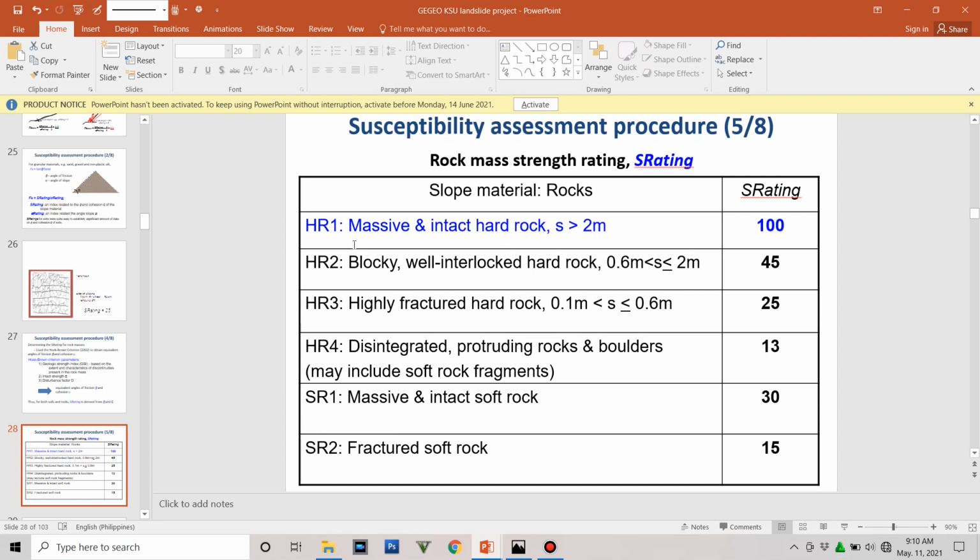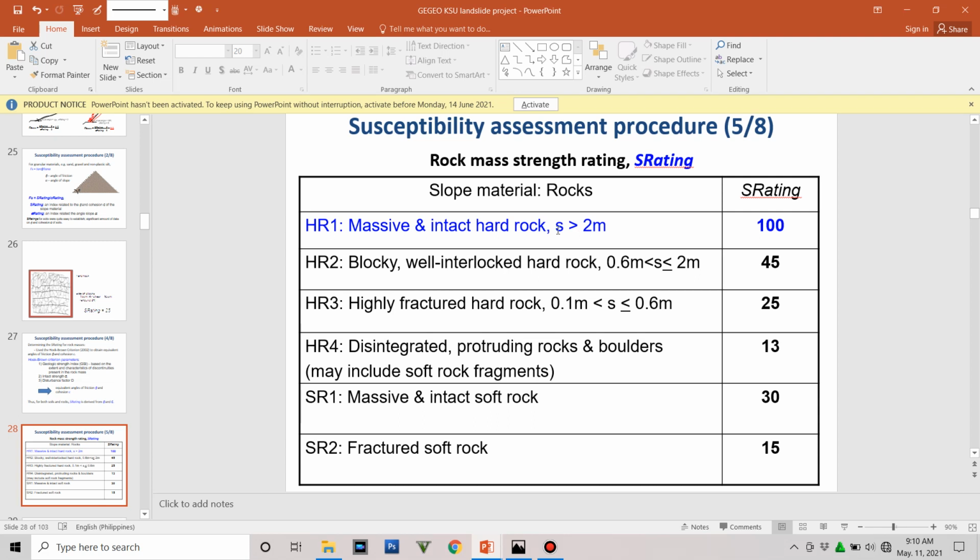The highest is HR1, or hard rock 1. It is massive and intact hard rock wherein S is greater than 2 meters. What is this S?